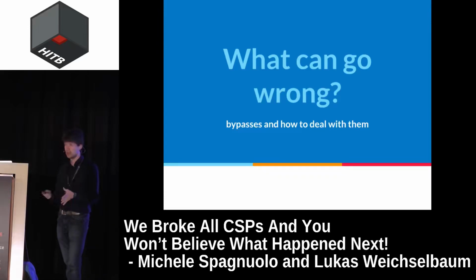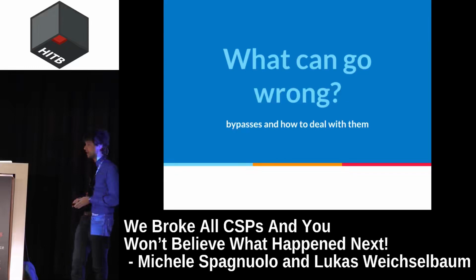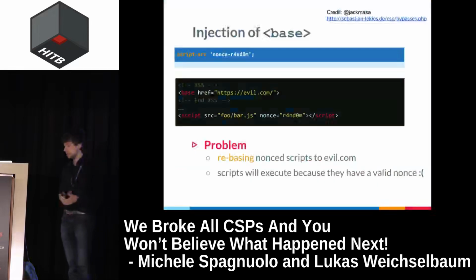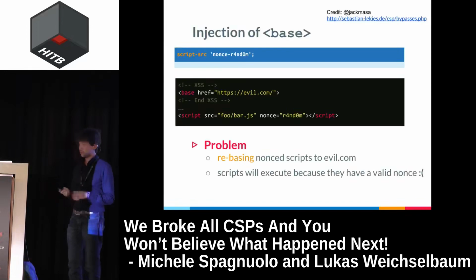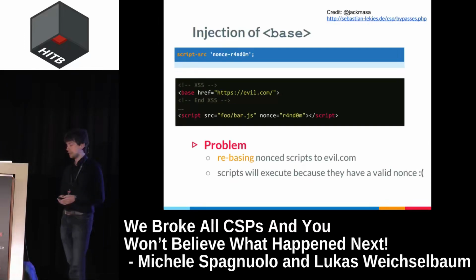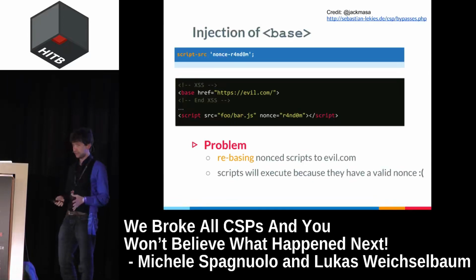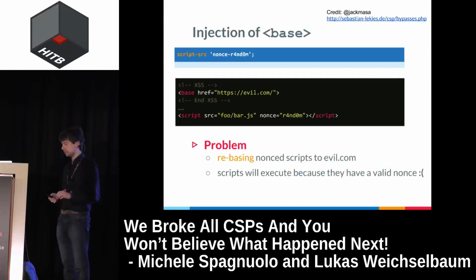And now I'd like to talk about some recent non-space CSP bypasses and how we are dealing with them. So the first CSP bypass that we would like to talk about is basically if you just put script-src nonce random and you have an injection, and in that injection you just put base href evil.com.